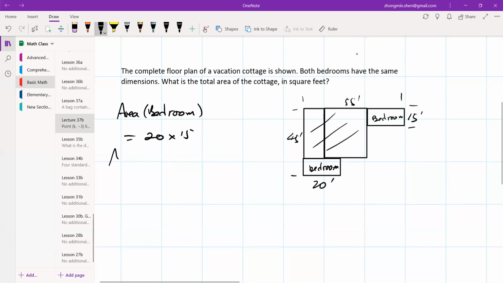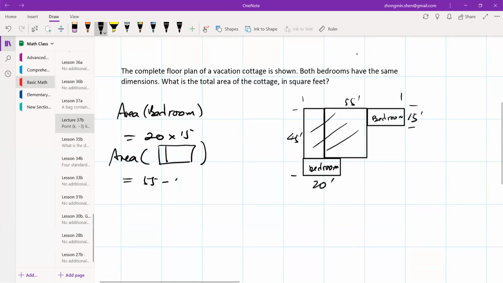The area of this part is going to be the length times the width. And how do you figure out the length? The length, look at that. The total will be 55, but you have to subtract the length of the bedroom.